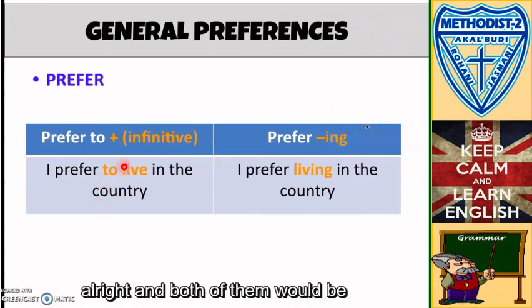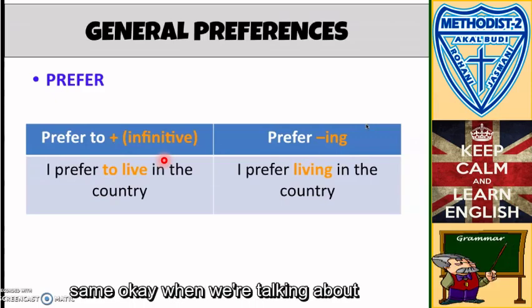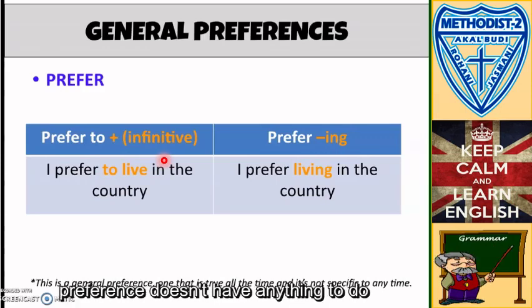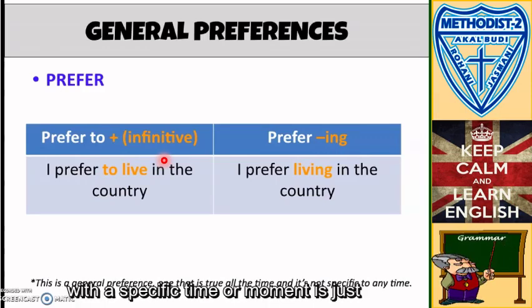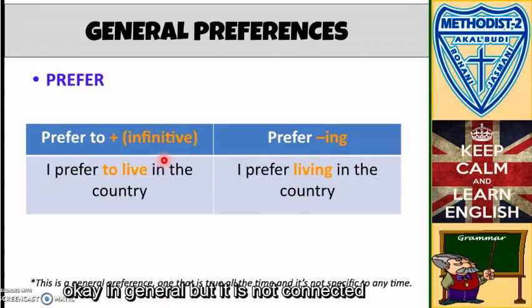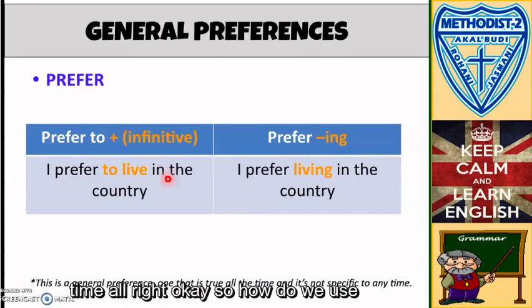Both of them are correct and the meaning is exactly the same. When we're talking about general preferences, it means that this preference doesn't have anything to do with a specific time or moment. It's just something that we prefer in our life, in general, not connected to right now or a specific moment in time.